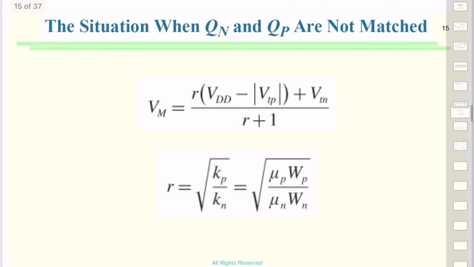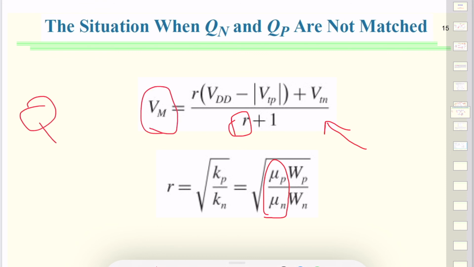So there are situations where we have to know, because of mismatch, how much the noise margin differs because of the difference in the mobility. So R is the factor that dictates the noise margin because of the mismatch between the PMOS and NMOS.